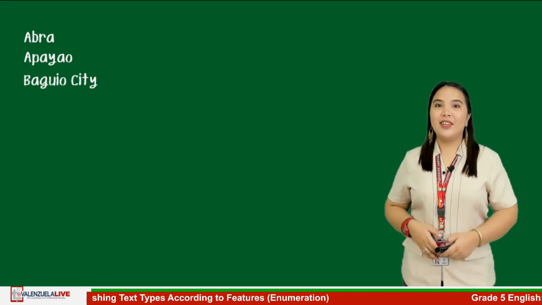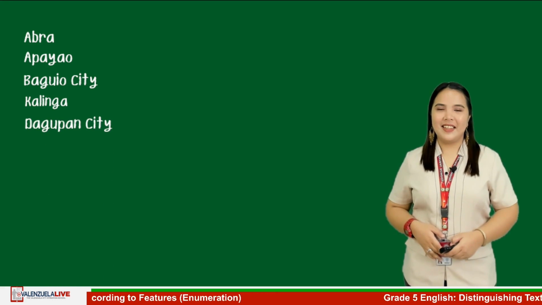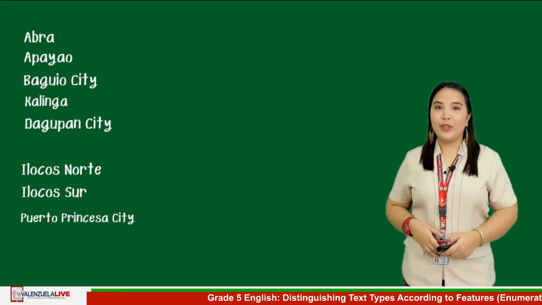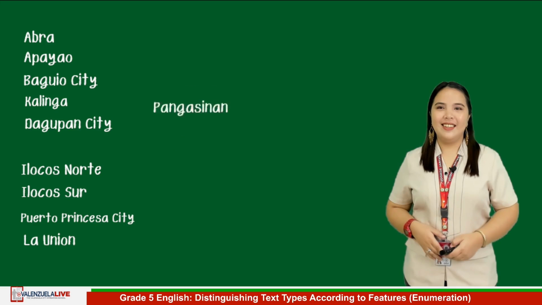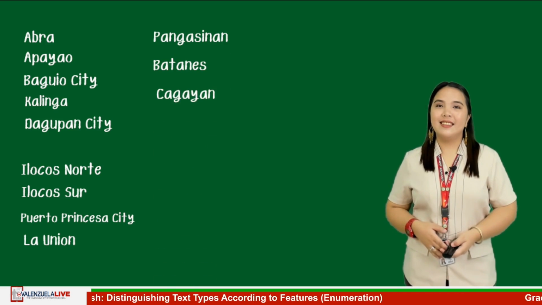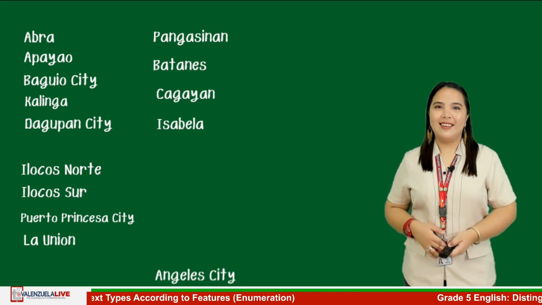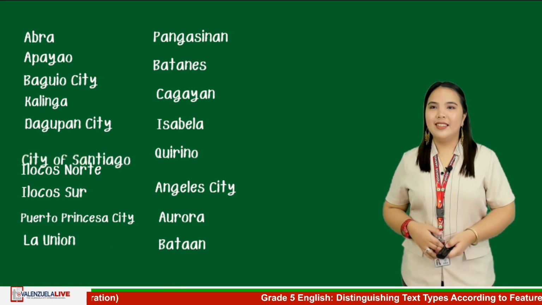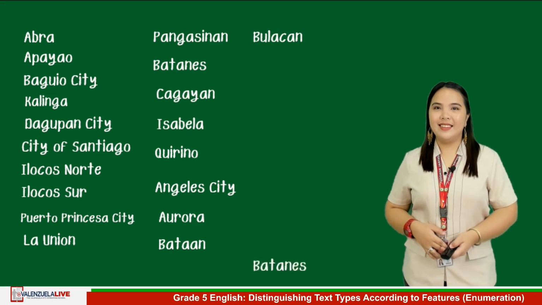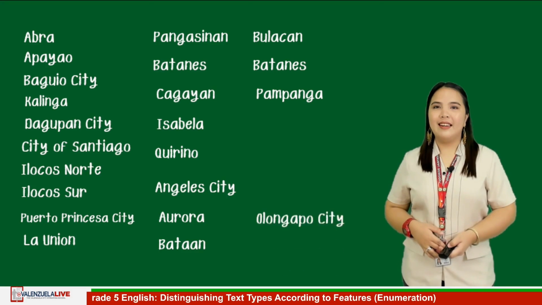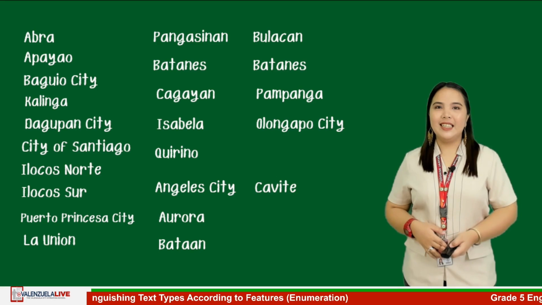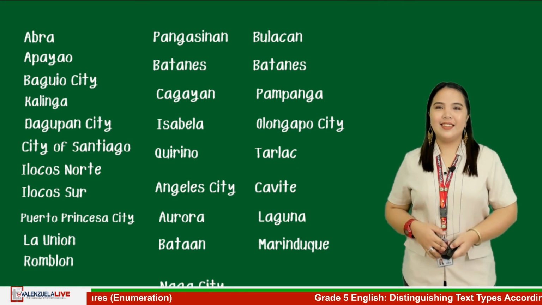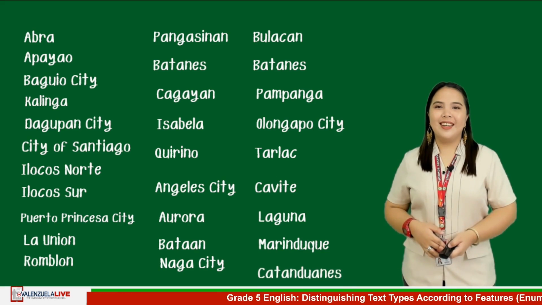Apayao, Baguio City, Kalinga, Dagupan City, Ilocos Norte, Ilocos Sur, Puerto Princesa City, La Union, Pangasinan, Batanes, Cagayan, Isabela, Angeles City, Bataan, Aurora, Quirino, City of Santiago, Bulacan, Pampanga, Olongapo City, Cavite, Marinduque, Laguna, Tarlac, Romblon, Naga City, and the province of Catanduanes.